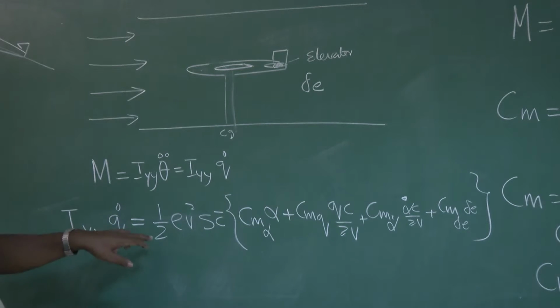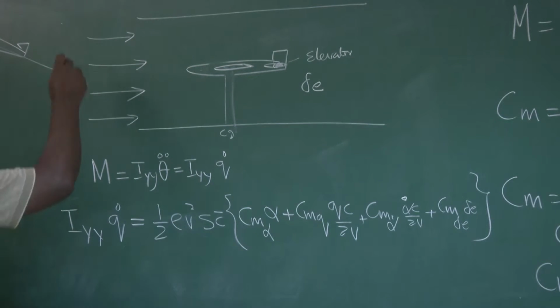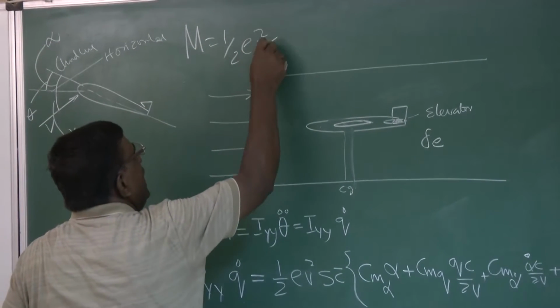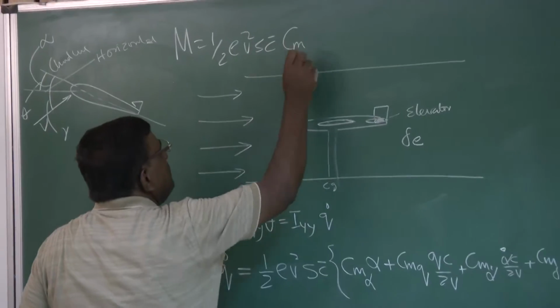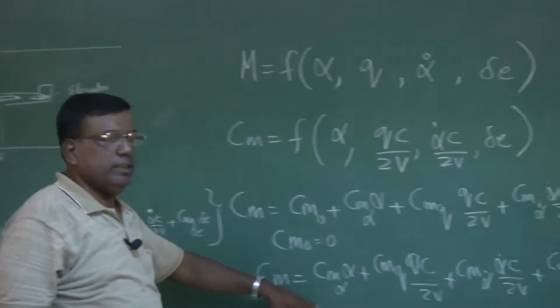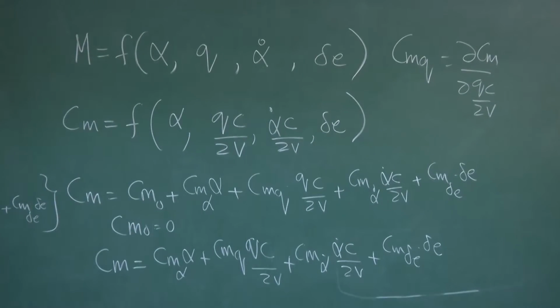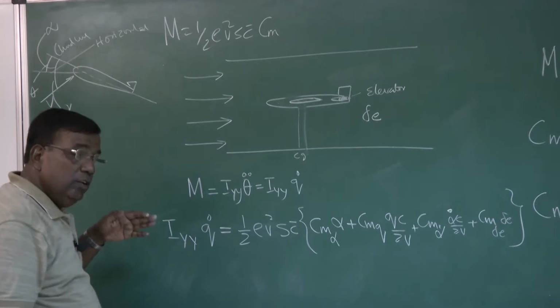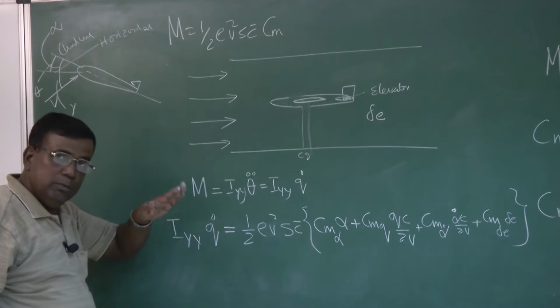This is the moment. If you remember, moment is half rho v square S c bar into Cm. That is by definition. For Cm, I am using this expression. And why am I doing all this? I have to write the equation of motion.